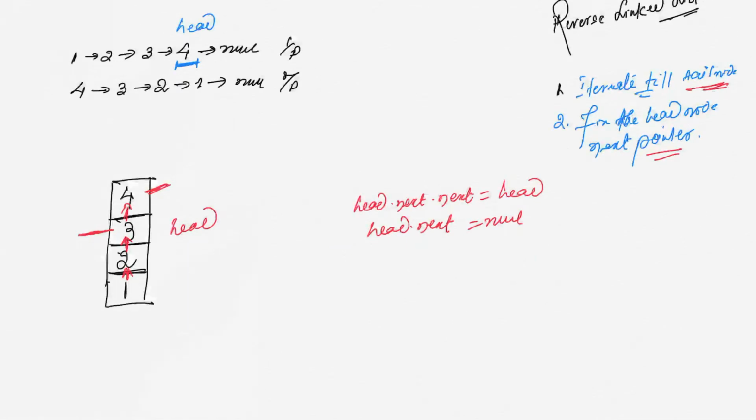If you look closely, head dot next is 4, and 4's next we are telling to point to the head. So now it is pointing to the head, and we make head dot next null, removing this next pointer.